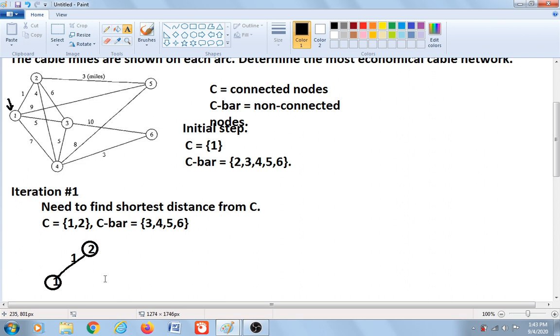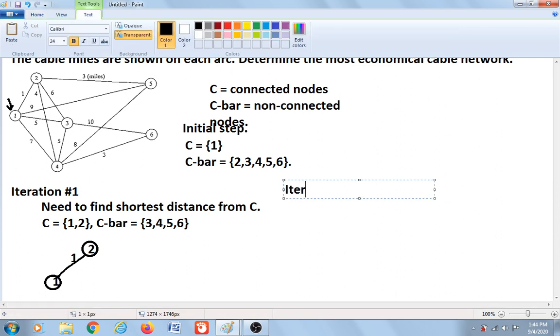Now we do iteration number 2. We need to find the shortest distance from 1 and 2.